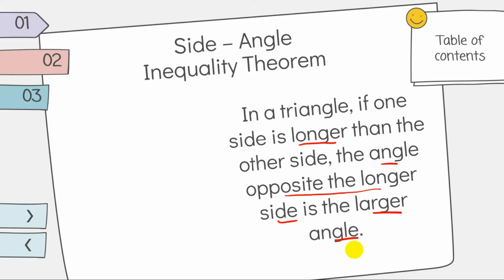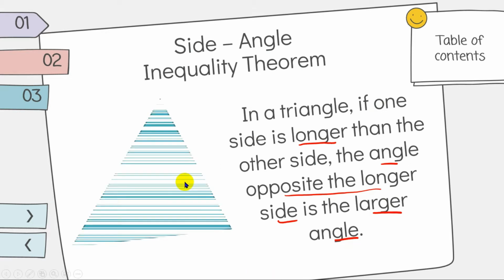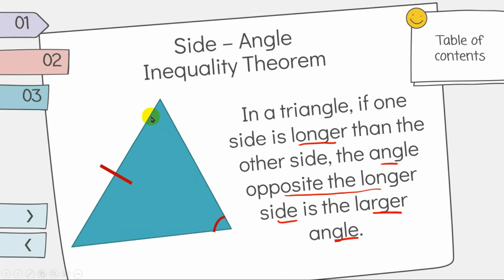So kaya pala kailangan natin malaman yung angle opposite to that side kasi using the side itself, malalaman natin kung alin ang larger angle at ang smaller angle. So if we have this triangle and if this is the longest side, then this will be the largest angle. Okay? So, magagamit natin ang measurements ng side para malaman kung alin ang mas malaki at mas maliit na angles.